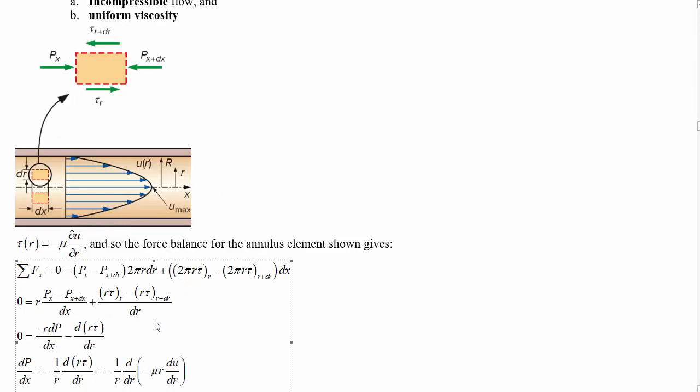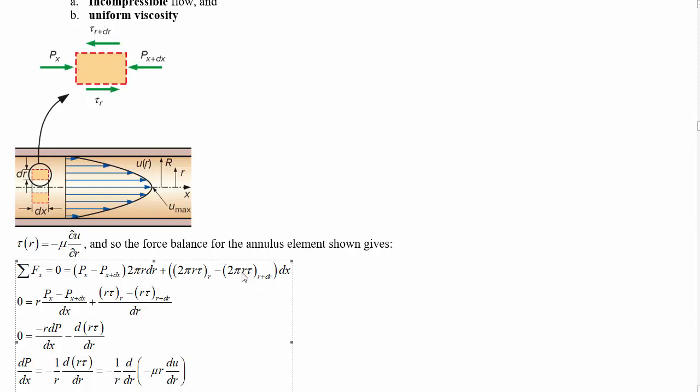The net force, then, adding that up over all the different faces, is (p at x minus p at x plus dx) times the area of that side, 2 pi r dr, and the shear force times 2 pi r dx on the other faces, the faces on these different sides, so the inner and outer surface of the ring.